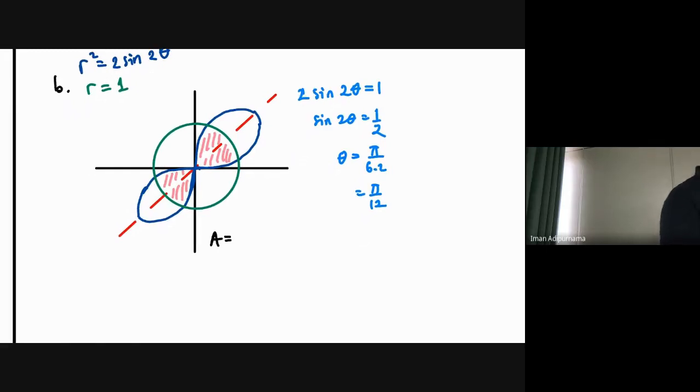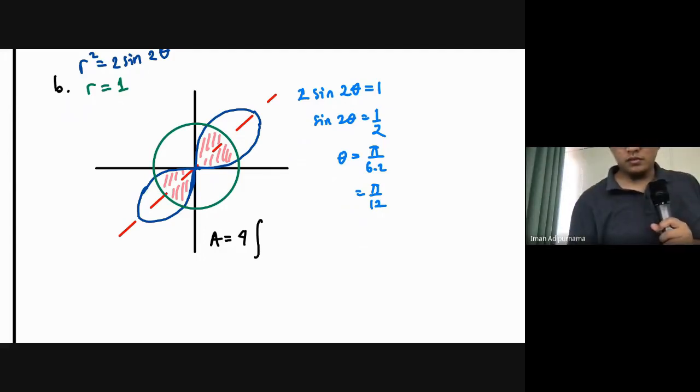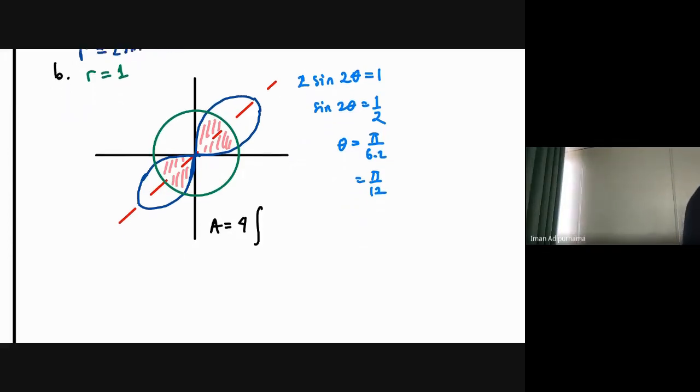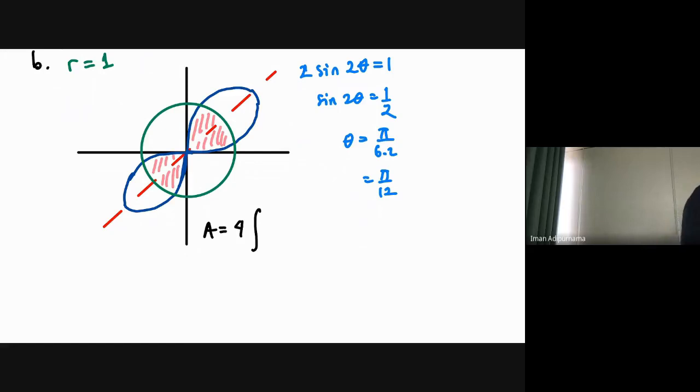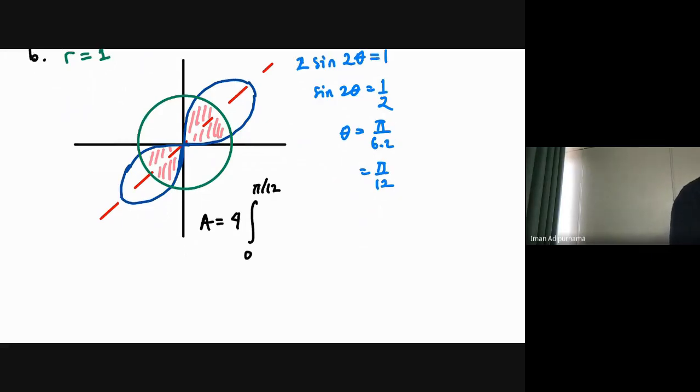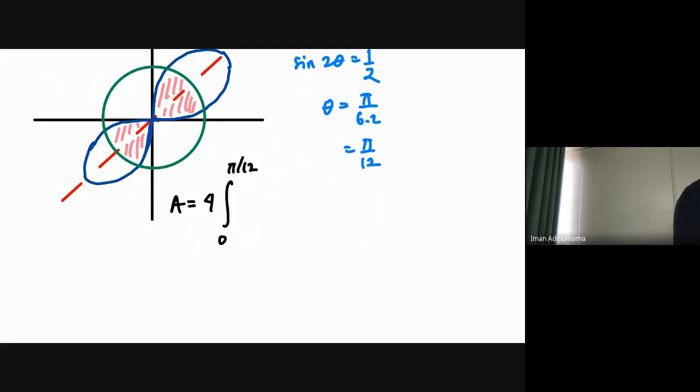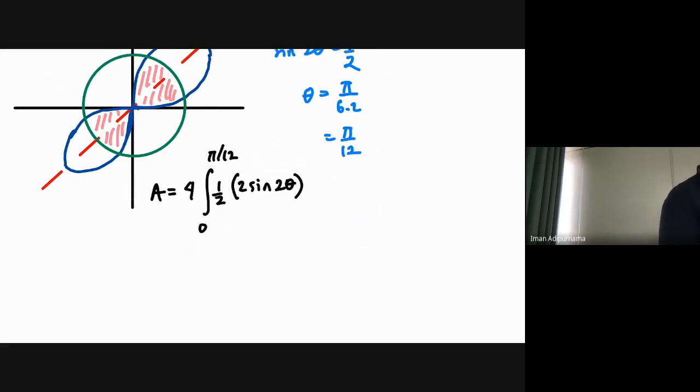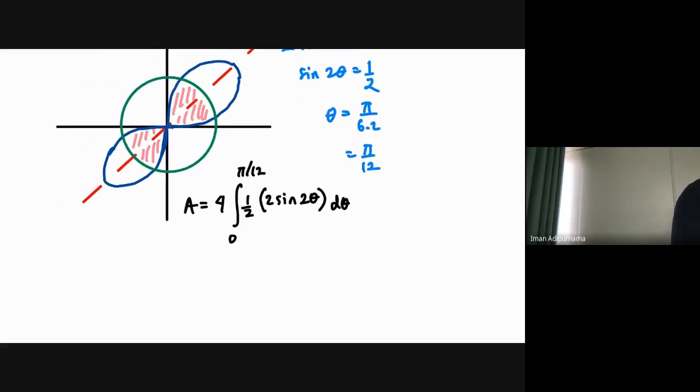So area is 4 times the integral from 0 to pi over 12 of half times 2 sine 2 theta, because it's already r squared, right? This is the lemniscate.